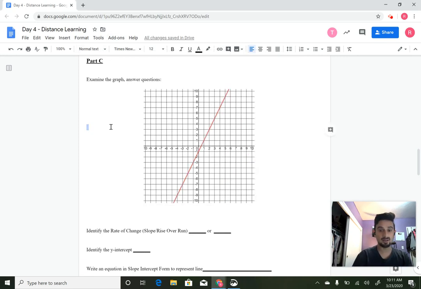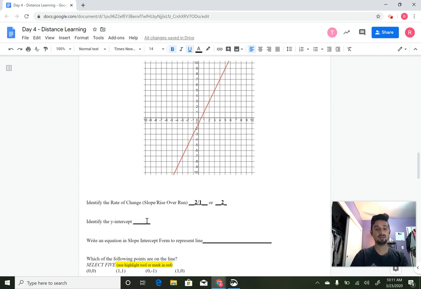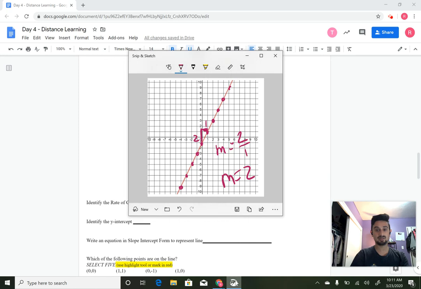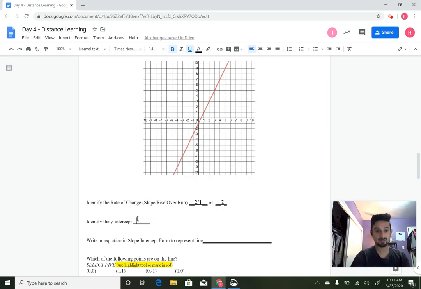And so from there, I can put 2 over 1, or just 2. Right? So identify the y-intercept. So look at the graph, and the y-intercept would be where the graph crosses the y-axis. And in this case, this is the y-axis, and the graph crosses here, and that number is -1. So b is -1. So the y-intercept is -1.